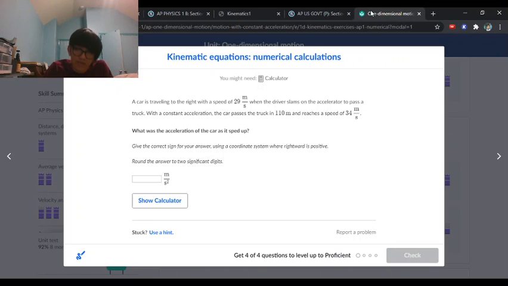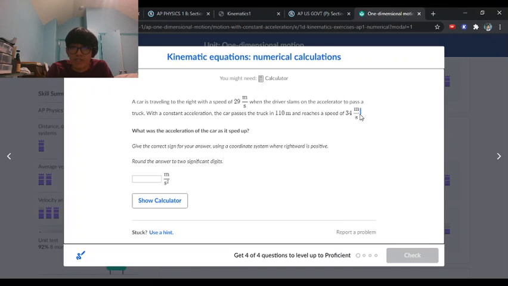The final velocity after he accelerated is a speed of 34 meters per second. Again, be mindful of the units. In this case, it's positive, so we're good there. And we have a displacement of 110 meters, right?